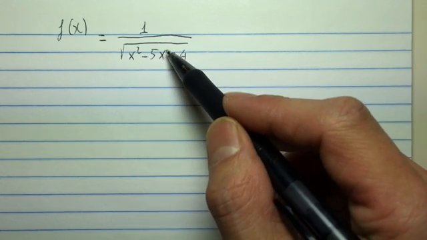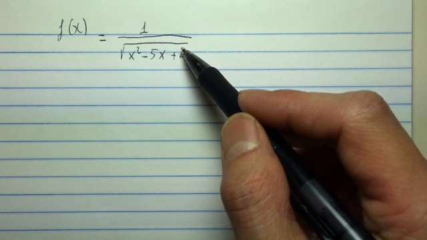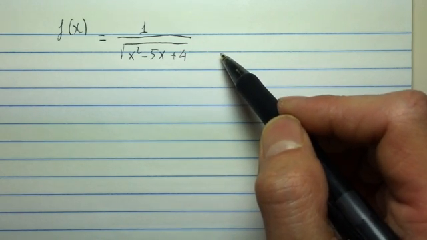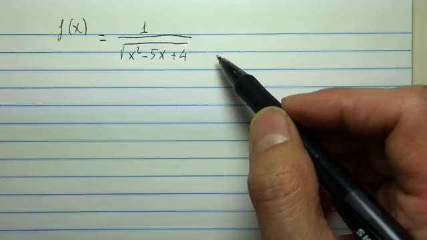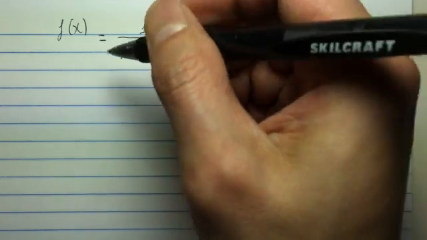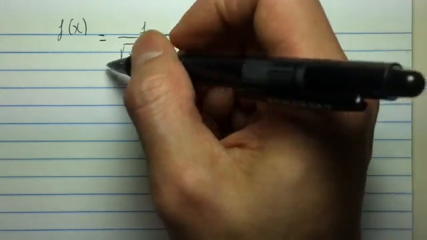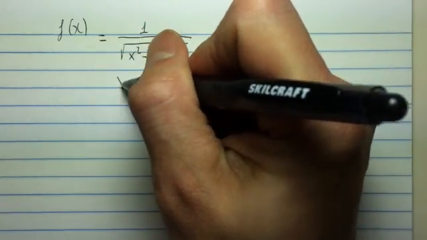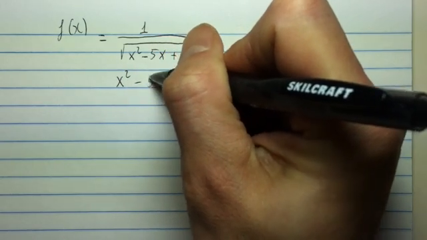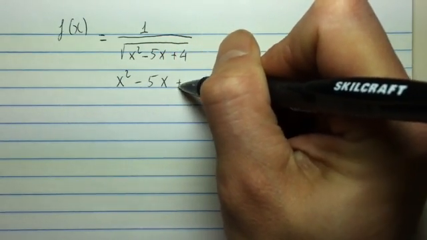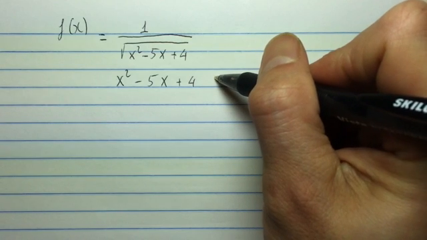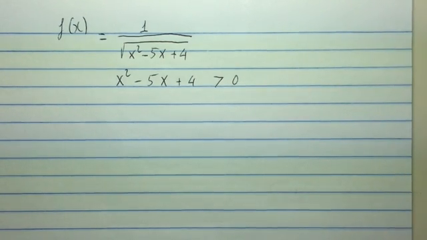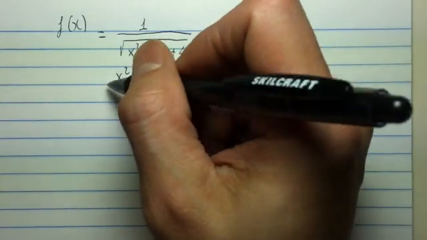So in this case, the radical is greater than 0 and cannot equal 0. So x squared minus 5x plus 4 is greater than 0, again it cannot equal 0 in this case.